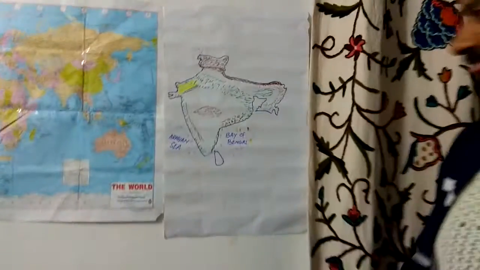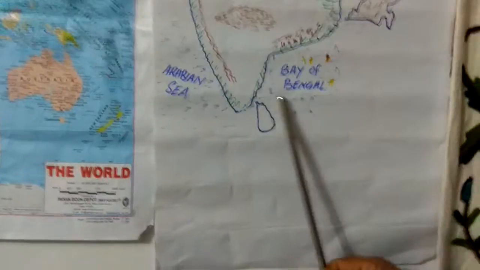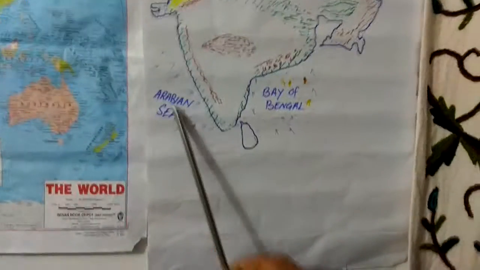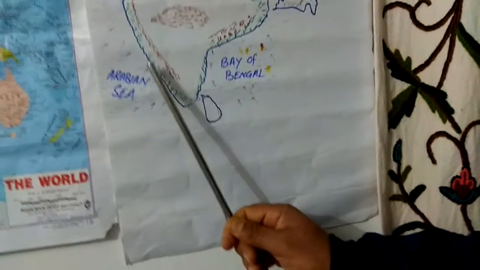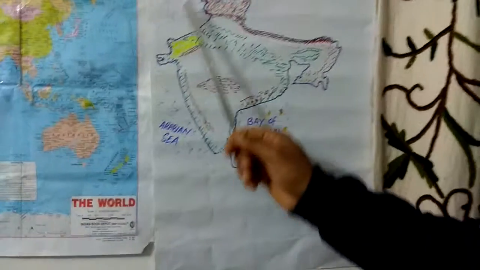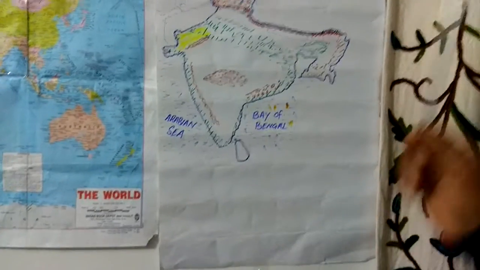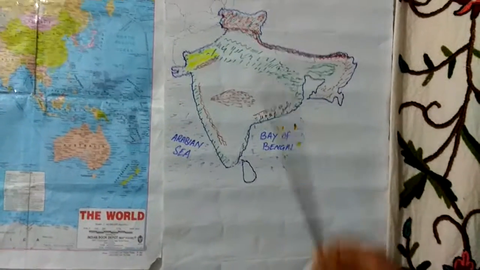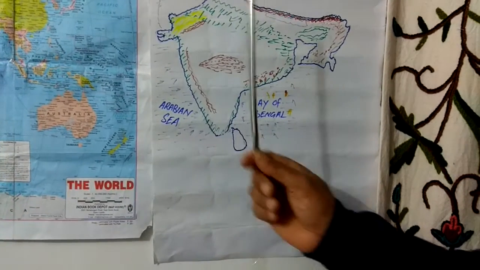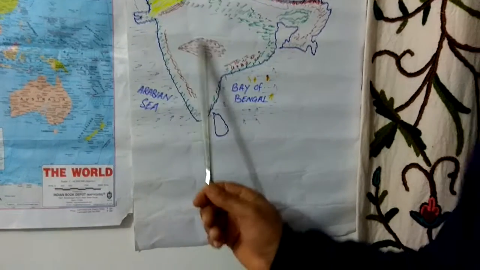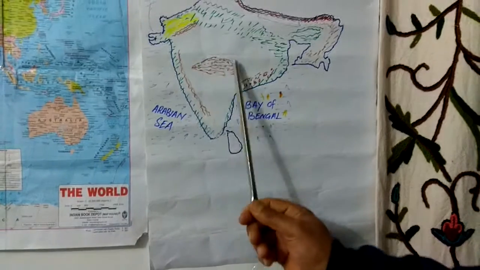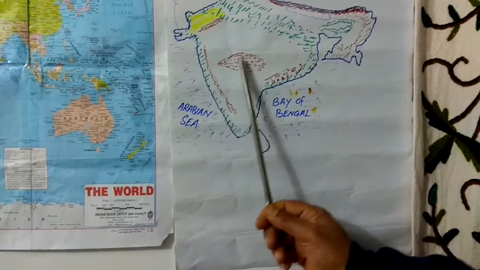In this map, the two twins of these seas are the Arabian Sea and the Bay of Bengal. This peninsula is one physical feature of this Indian subcontinent, India and its neighbor countries. And the next, when we go up, there is the Deccan Plateau, visible in this map.